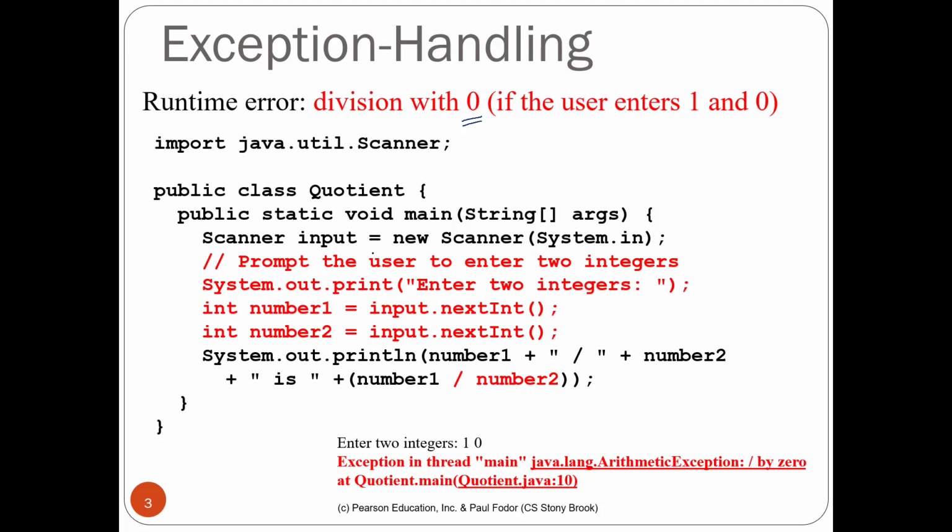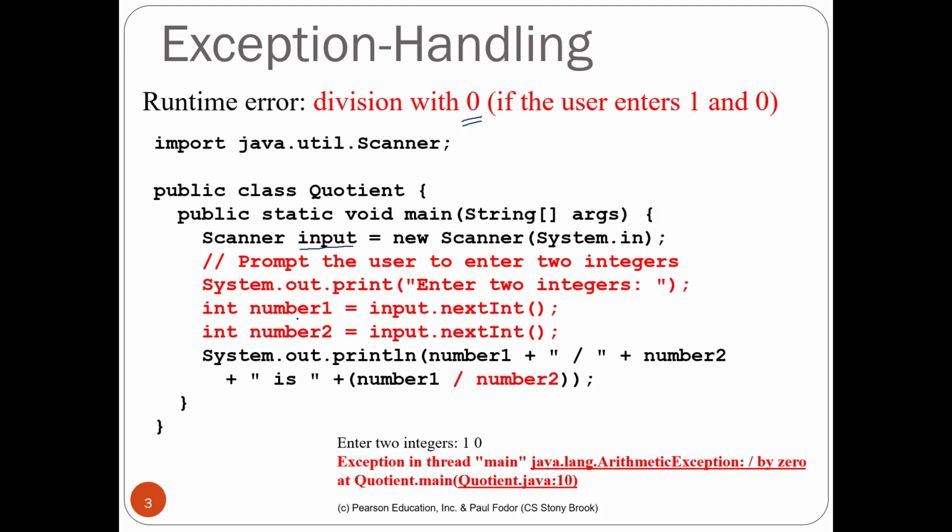So you create an object input of the type Scanner class using the way we use Scanner class by saying new Scanner(System.in), and then you are prompting the user to input two integers. Right, we got the first integer here.